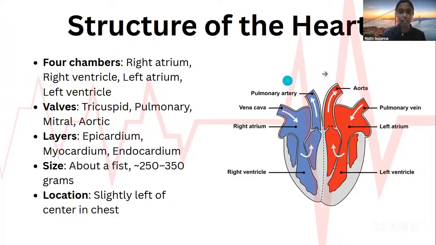We'll start with the structure of our heart. The heart is divided into 4 chambers. The atria are the upper chambers that receive blood, while the ventricles are the lower chambers that pump blood out. Valves are like gates, ensuring the blood flows in only one direction.